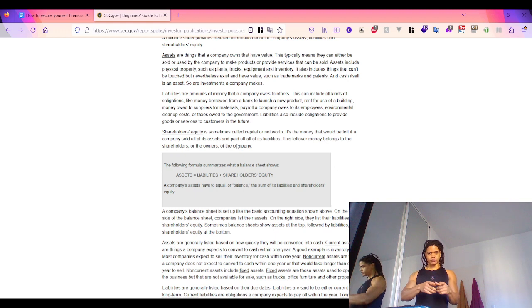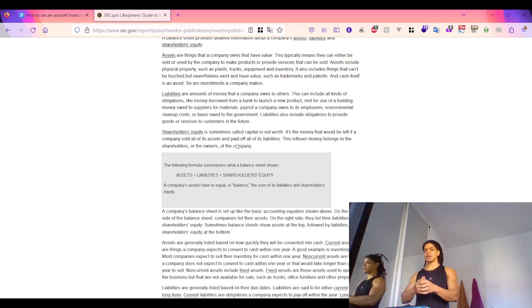So for liabilities, we have short-term liabilities, or current liabilities, which are obligations that a company has to pay off within a year, and they are generally listed based on their due dates. Then non-current liabilities, or long-term liabilities, are obligations that last more than a year.